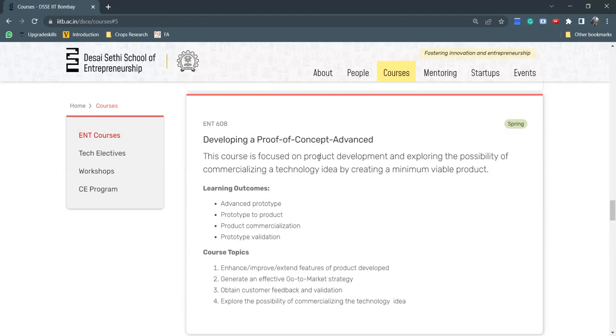And if you have an idea, but you still did not get into any of the courses, you can mail the professors or the in charge of Desai Sethi School of Entrepreneurship, DSSE. You might get in other than that as well. If you have an idea, then they support the students who have an idea.